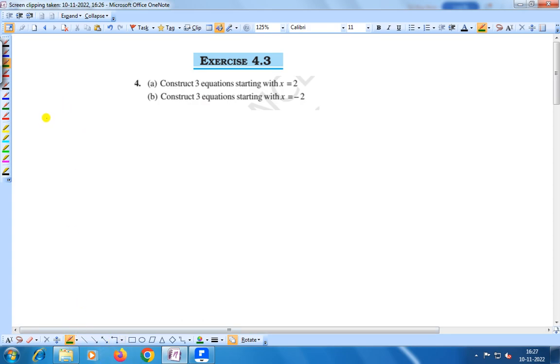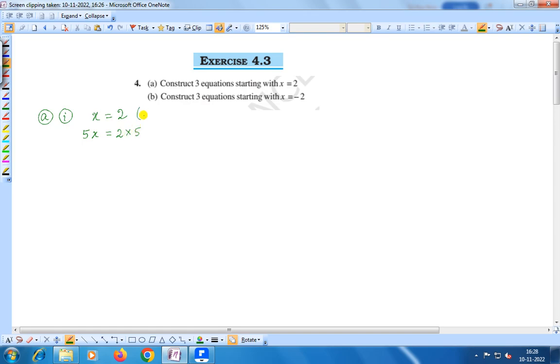Now question number 4a. We are constructing one equation. Here it is x is equal to 2. If we multiply both sides by 5, it will be 5x is equal to 2 into 5.